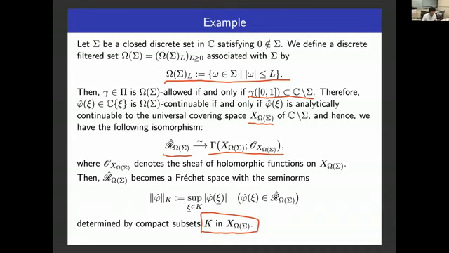In this way, we can introduce a topology on the space R hat omega sigma. But to introduce the topology or seminorms in this way, we need a Riemann surface X omega sigma. It is given by the universal covering space of C minus sigma, but we want to construct this kind of Riemann surface for a general discrete filtered set omega.